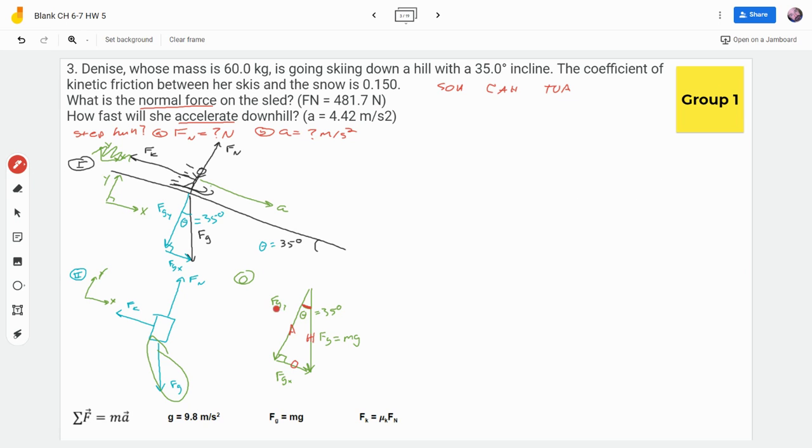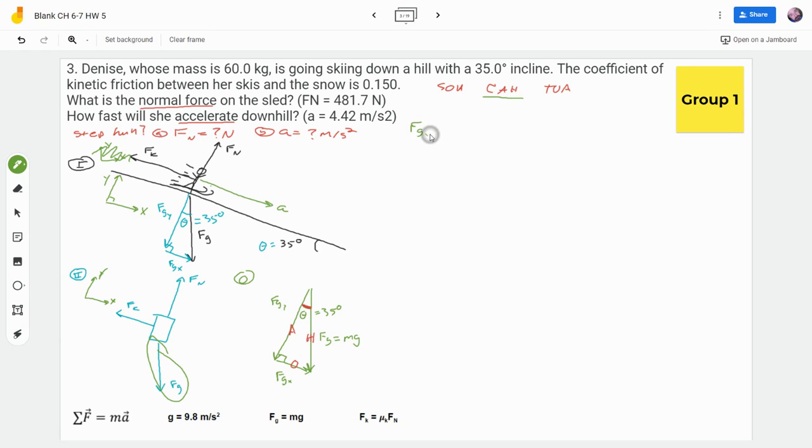For F sub gy, I want A, I know H, I know theta. F sub gy is going to be the cosine one in this case. So I'll do the math up here.